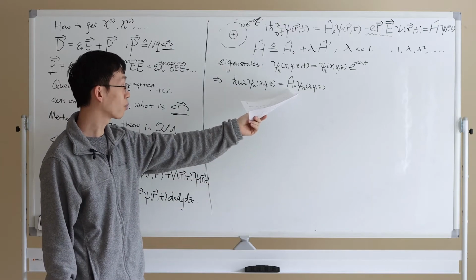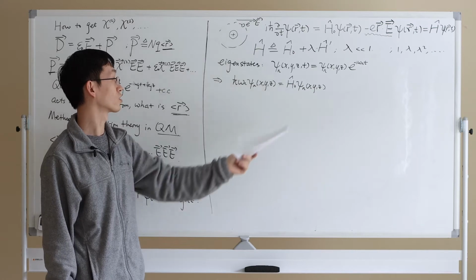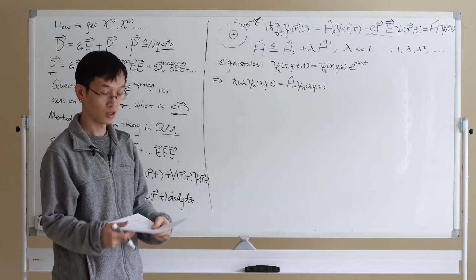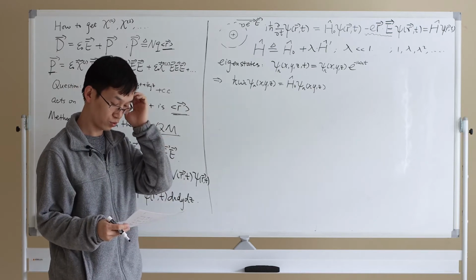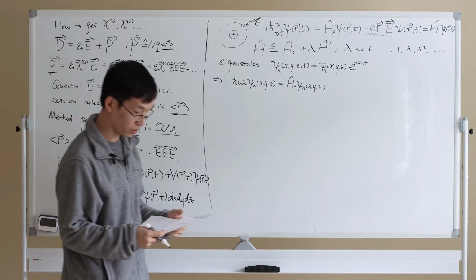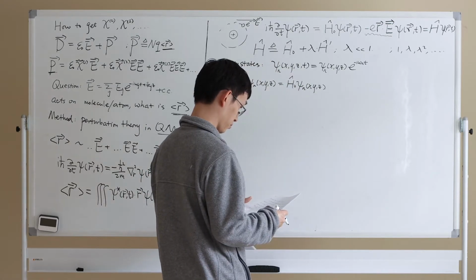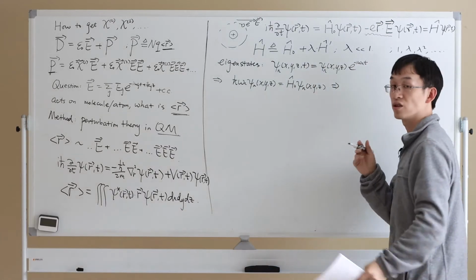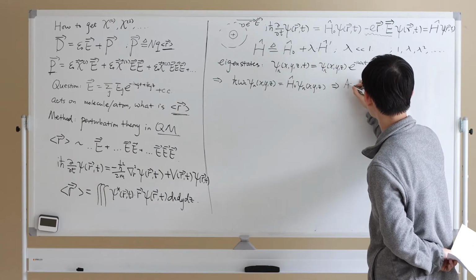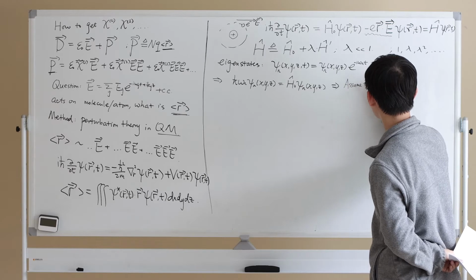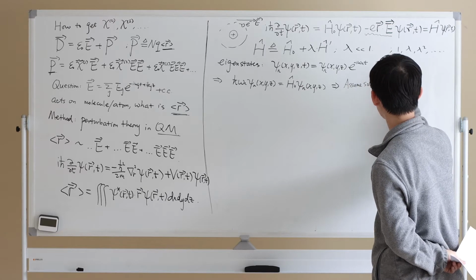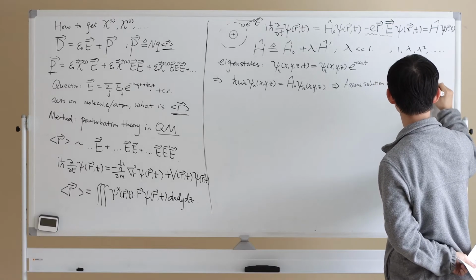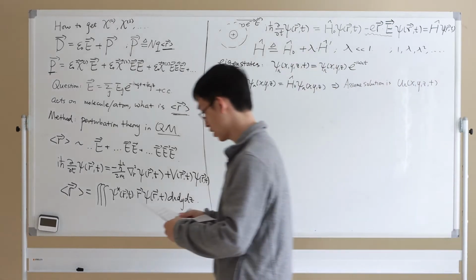Because an operator acting on a wave function gives you a number times the wave function. So this is a standard eigenvalue eigenstate equation. And then we can assume that we know the solution, u n of x, y, z, t. Okay, we can assume that we know the solution.